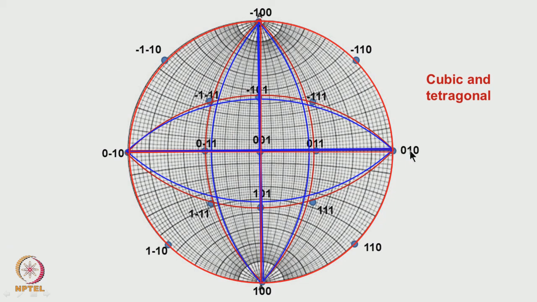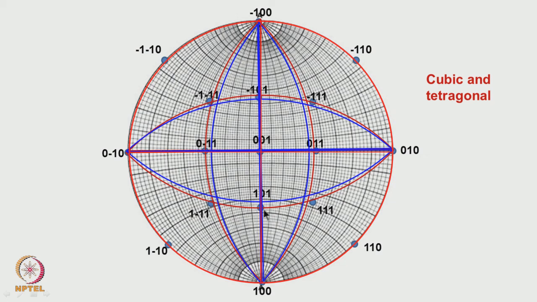These blue lines, the intersection, represent the tetragonal one, and for comparison I have kept the stereogram corresponding to a cubic system here. Now you can make out that this is the point which corresponds to the 111 plane. And in fact, if you look into the crystal structure along the 111 direction, now the threefold symmetry is lost.